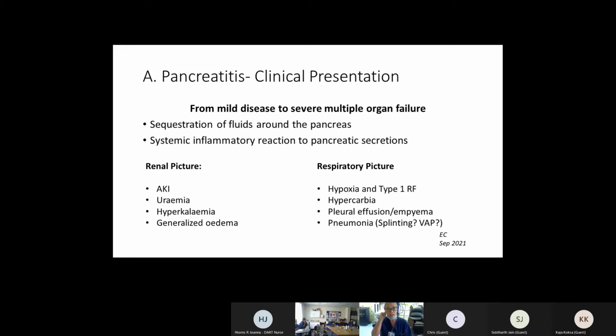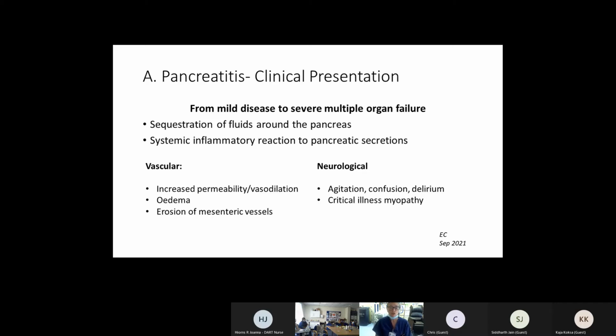And pneumonia itself is not a direct result of the pancreatitis, but could be because of the limitation of ventilation because of the splinting of the diaphragm, or could be associated to the ventilator because at some point these patients might need to be intubated and connected to mechanical ventilation. And this pneumonia could infect that pleural effusion.